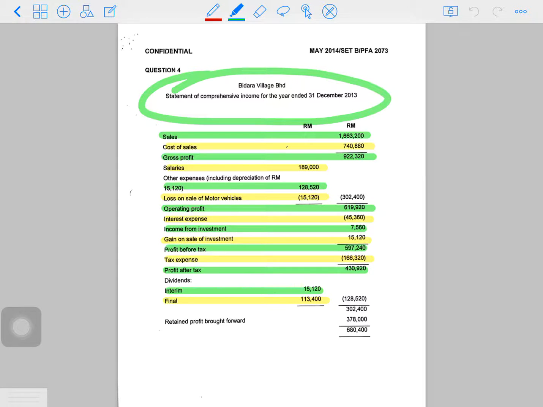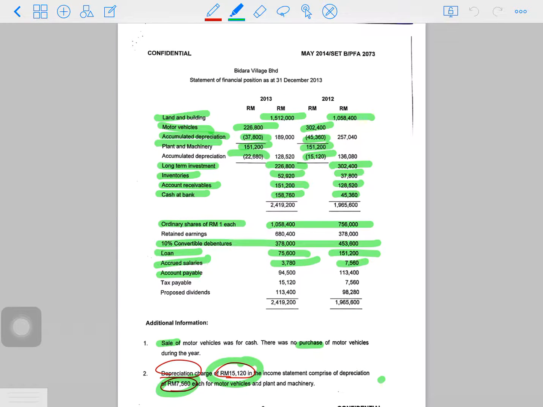Okay, salaries ni kita ada dalam SOCI dia, kita ada yang ni, this amount, kan? Salaries. And then dalam financial statement, financial position, kita ada accrued salaries.